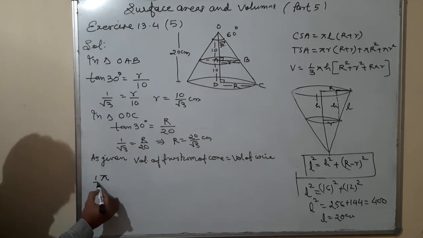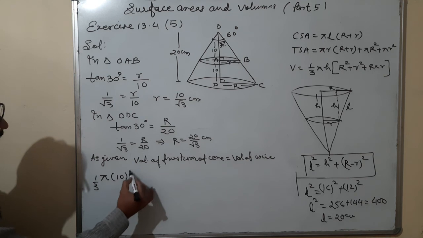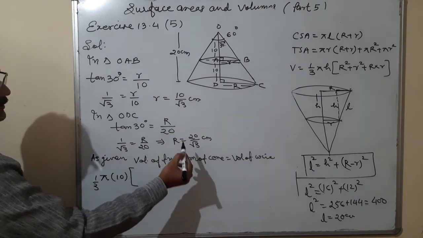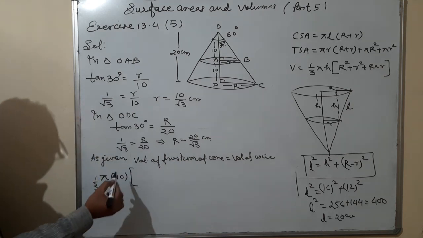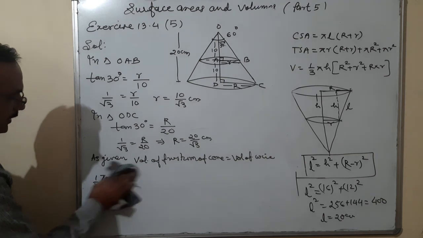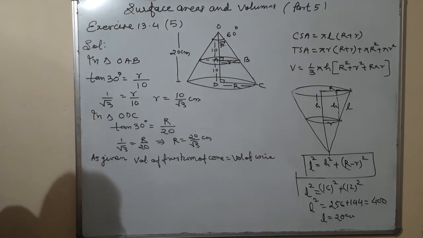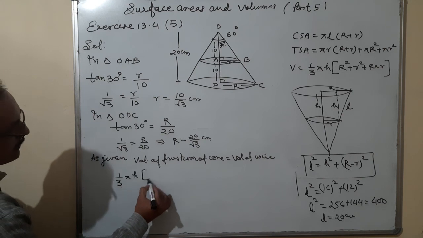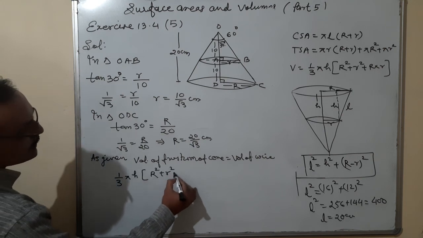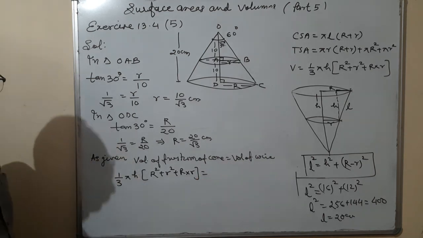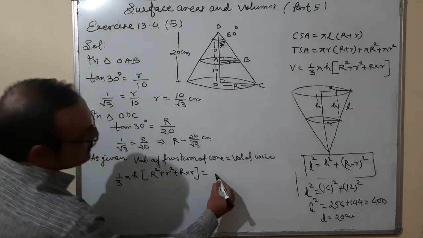First I am writing the formula. Volume of frustum of cone is 1 upon 3 pi h, R square plus r square plus R into r, is equal to volume of wire. Wire is always in the shape of a cylinder: pi r square h.